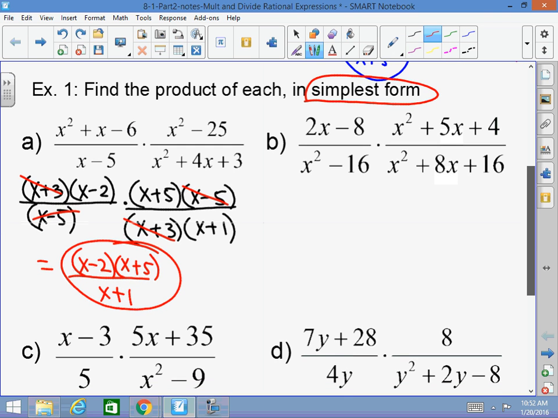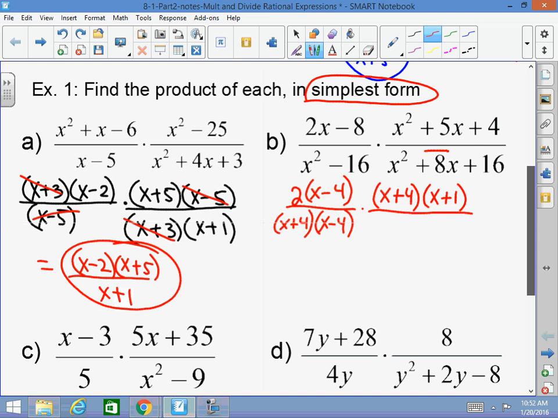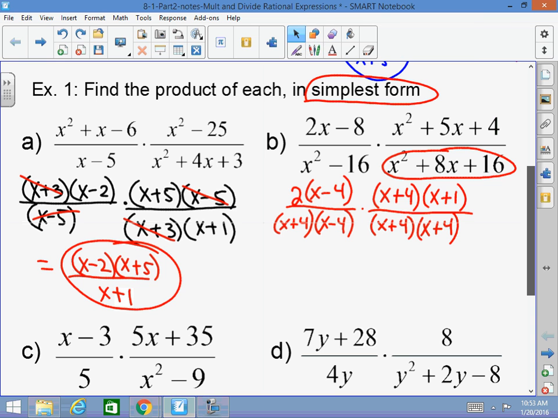Next, let's factor. So I take out a 2. I got x minus 4 over, this is a difference of squares, so that's x plus 4 times x minus 4, times, this is x plus 4, times x plus 1. And then here, this is a perfect square, so this is x plus 4 times x plus 4. I learned how to factor, and I suggest you learn how to factor as well.